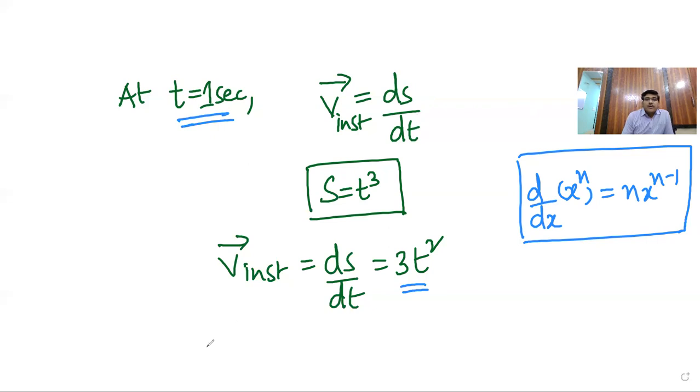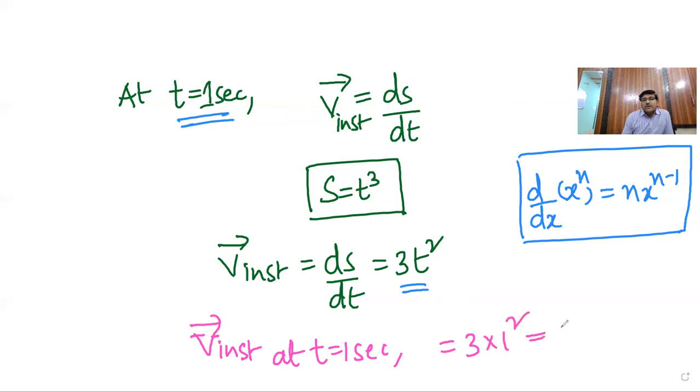So V bar instantaneous at t is equal to 1 second. Substitute here, in place of t, 1. So 3 into 1 square, so 3.